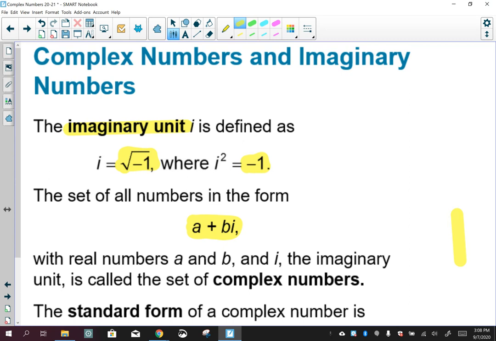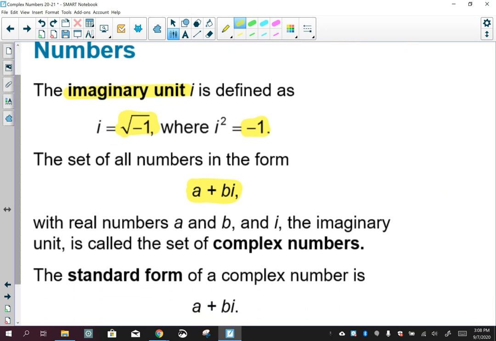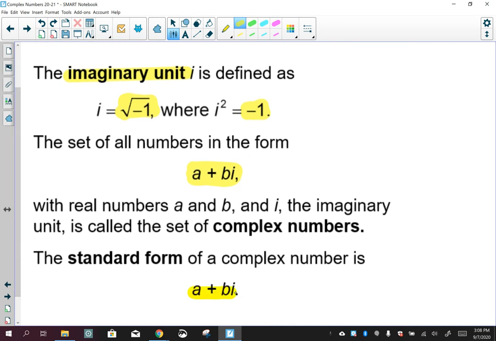The standard form of your complex number, again, is going to be in this form here. So standard form is some random number plus bi. Complex numbers is real numbers mixed with imaginary numbers. Okay, so that's what they are.